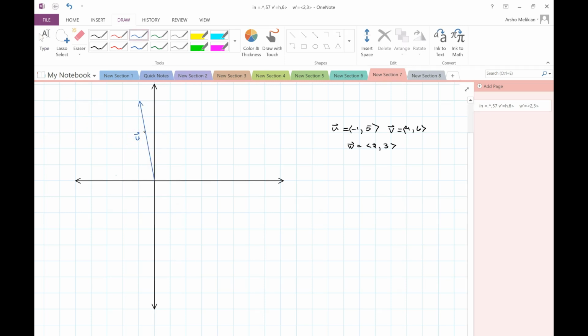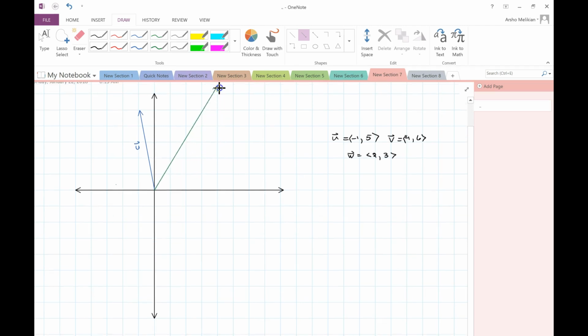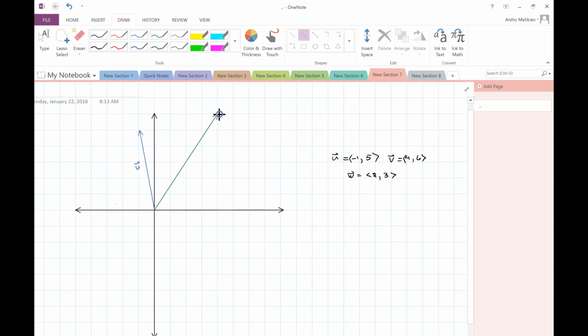And now vector V is 4, 6. Let's do it with this one in green. 4, 6. So we're going to go over 4, 1, 2, 3, 4, and then up 6. That's vector V. Okay, now, what was W?